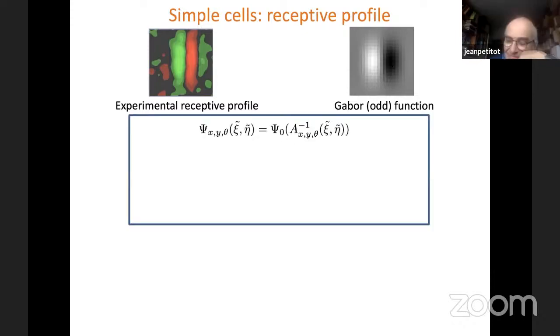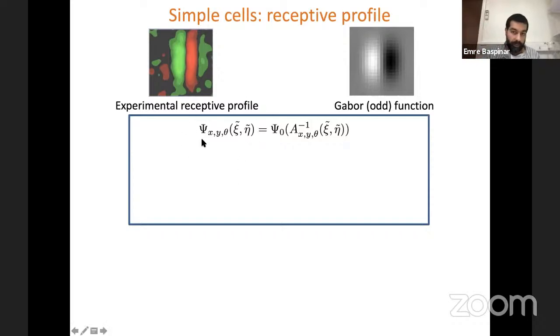One of the key features of Gabor functions, which is particularly important for us, is that any generic Gabor function psi, which is sensitive to the visual stimulus located at the point with the coordinates x and y on the two-dimensional image plane, and which is sensitive to the stimulus in alignment with the direction corresponding to the orientation angle theta, can be obtained from a reference function psi 0, which we call Gabor mother function, and which can be expressed, as Noemi showed more explicitly, in terms of a localizing Gaussian window and the wave content.